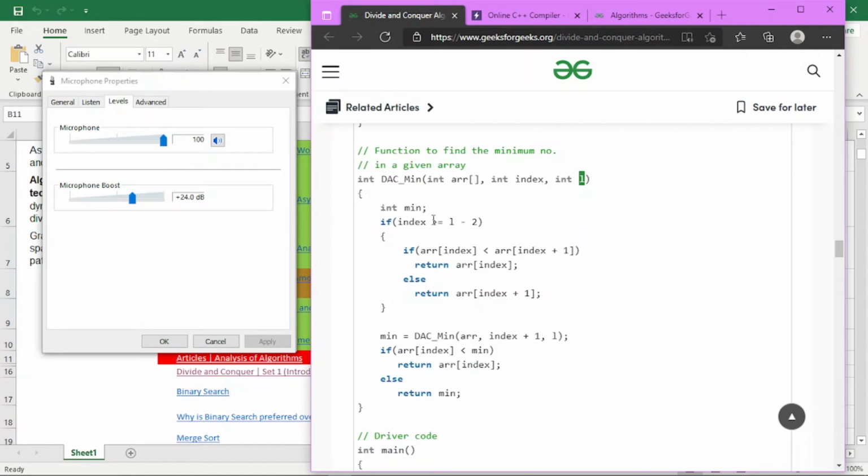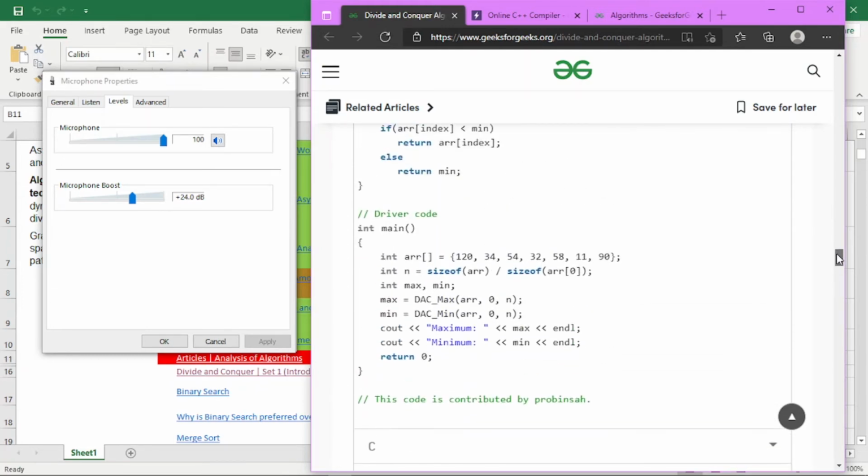Okay, so in this you can see that first we will go step by step up to the last element, the last two numbers.